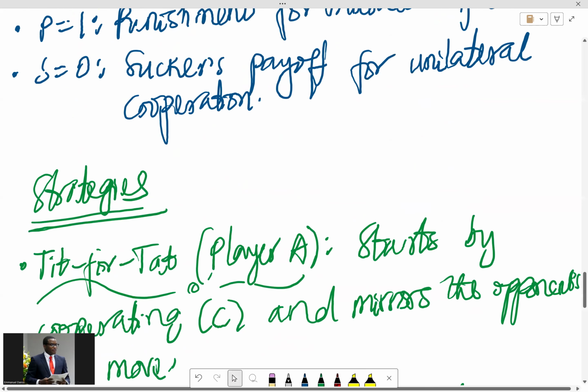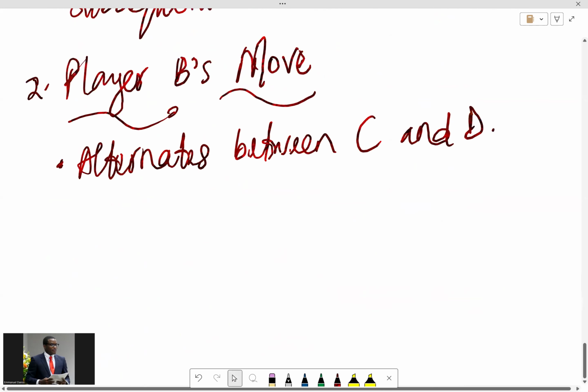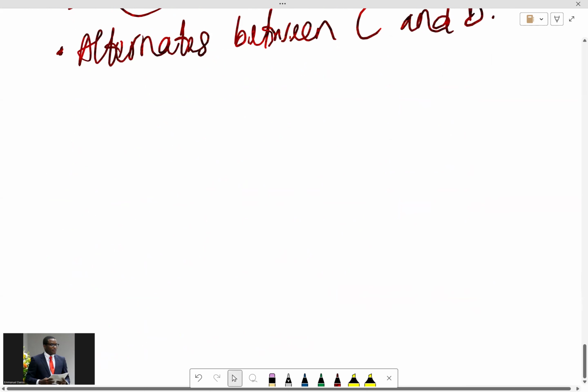So that's the basis for the whole game. Let's go ahead and simulate the results and see what happens here. So, simulation results.